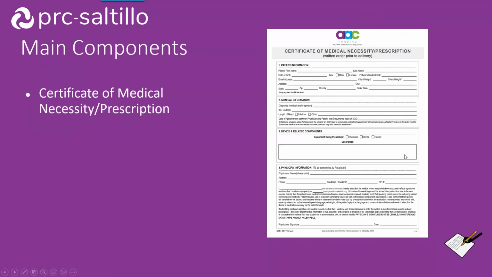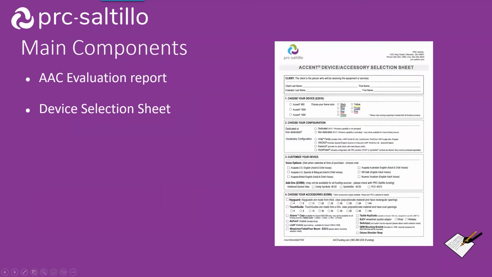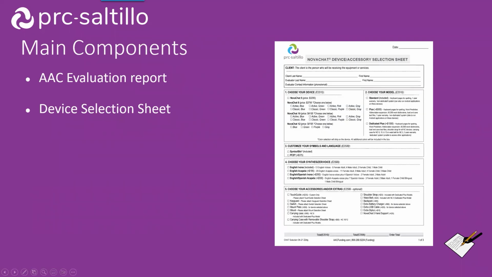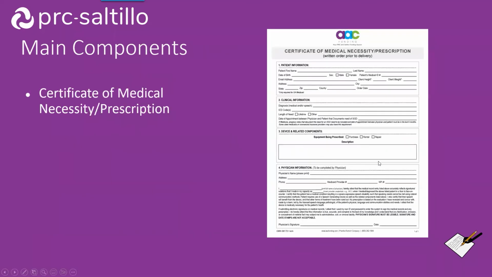And a piece of advice that I give my teams is whatever you checked off on those device selection sheets, I'm going to try not to make anybody dizzy, but I'm just going to come back to this device selection sheet. Anything I checked off, Accent 1000, dedicated model with Unity, I want Acapela. If I checked off those things on my device selection sheet, I should be writing those out here.